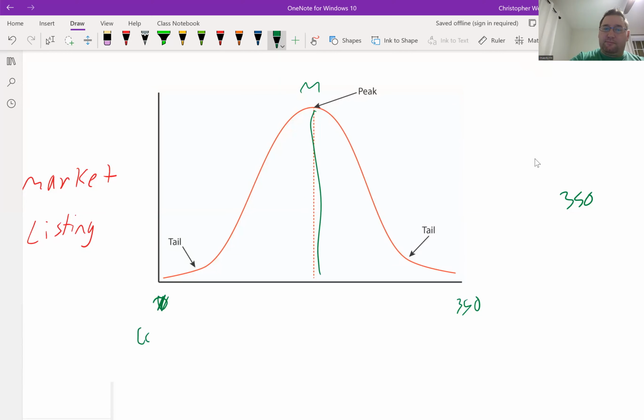So this would be the lowest price, and this would be the highest price. Okay. And this is the mean, or the median is what we call it, median. And basically what that means is that if this was 100 homes, or 101 homes, we would have 50 on this side and 50 on this side with 1 in the middle. That's what that would mean if they were priced out that way. So that is what we need to understand how these listings are working.